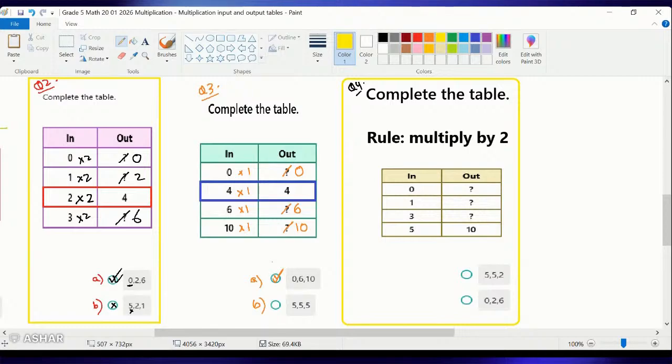Option A or option B? The rule is multiply by 2. Since the first input number was 0, this should start with the 0, right? It cannot begin with 5. That means option B is the correct answer. This is 0, 2, and 6, okay?